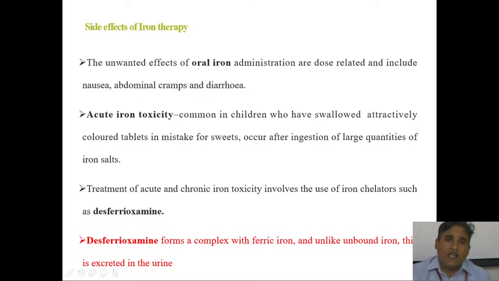After ingestion of a large quantity of iron, toxicity may produce nausea, vomiting, diarrhea, abdominal cramps, and so on. If toxicity is very high, it may lead to serious complications. You may administer deferoxamine, because deferoxamine makes a complex with ferric ions, and you can manage the iron toxicity.